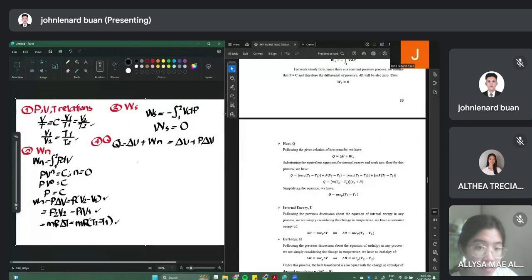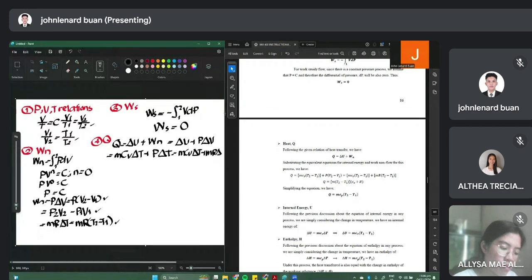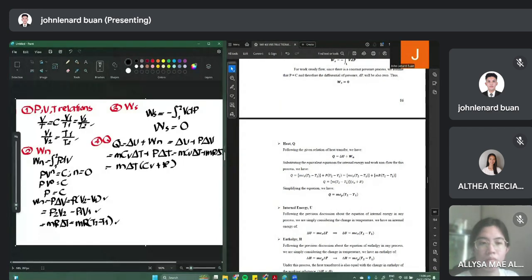So in that case, if we're going to substitute the equations for delta U, which is mCv delta T, plus Wn, which is P delta V, which will give us mR delta T. Since magsisame lang naman, we can factor out the m and delta T, plus Cv plus R. Cv plus R, if you can still recall from the properties of ideal gas, is equal to Cp.